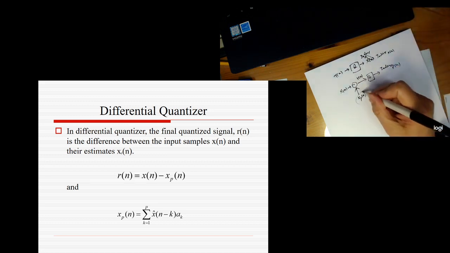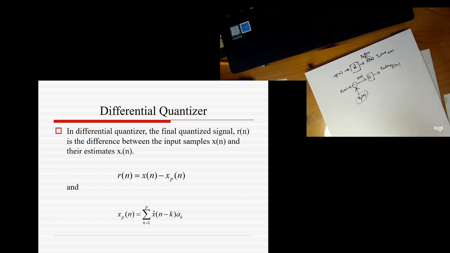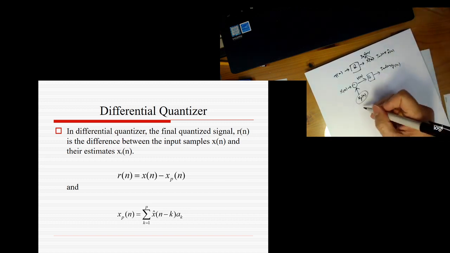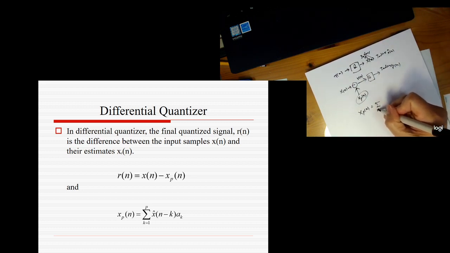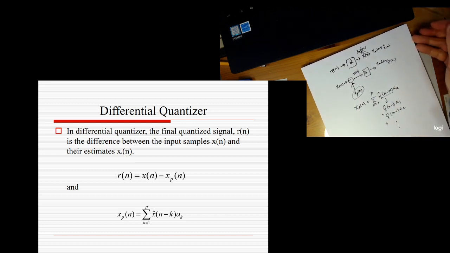So our prediction is based on your decoding signal, and that decoding signal is based on your previous decoding signal. This one is based on S hat n-1 times A1, plus S hat n-2 times A2, so there will be a continuous summation.